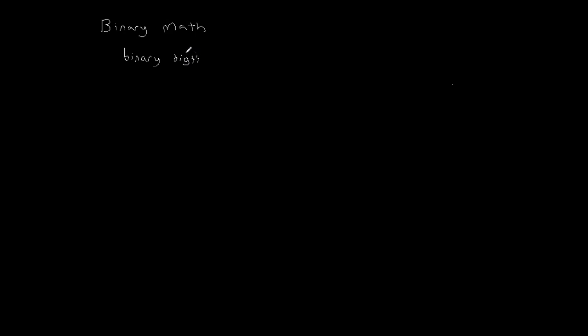You have the B from binary, and the it from digit gives you bit. We were talking about 1-bit, 2-bit, 4-bit, etc. before. This is where bit comes from. It's an abbreviation of binary digit.